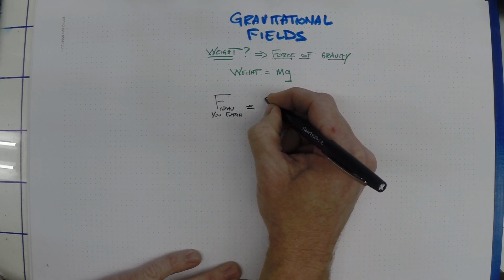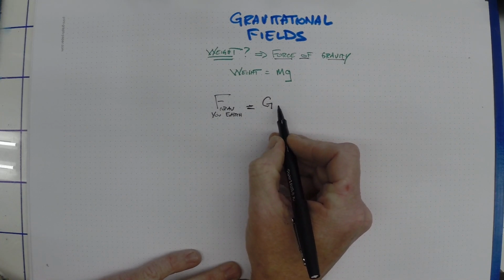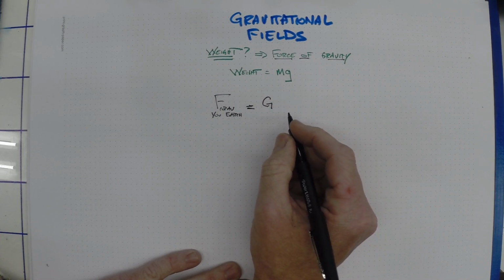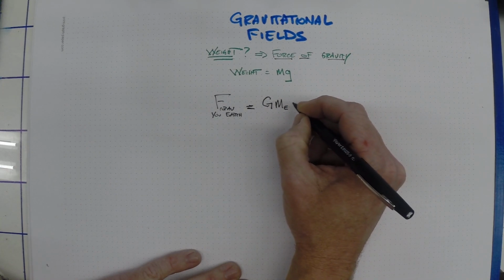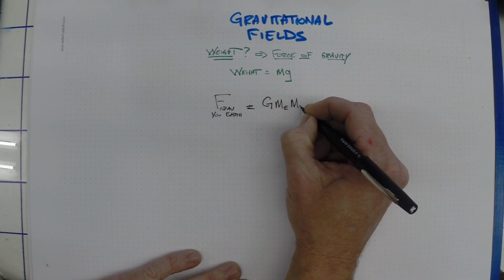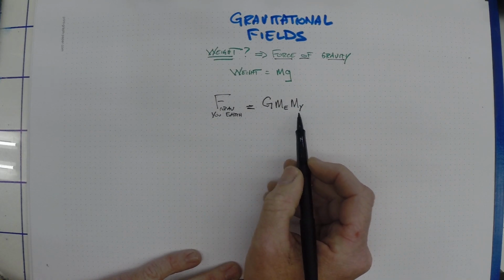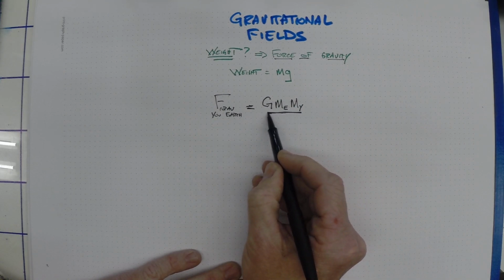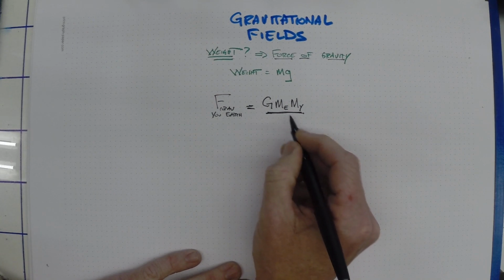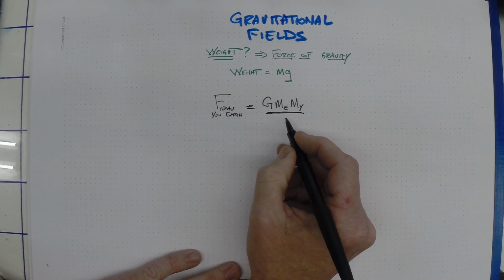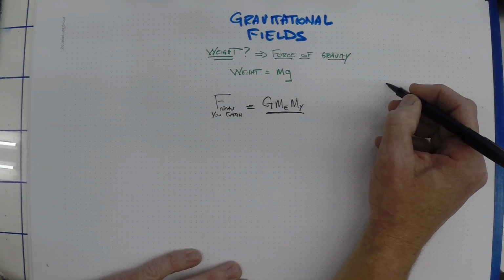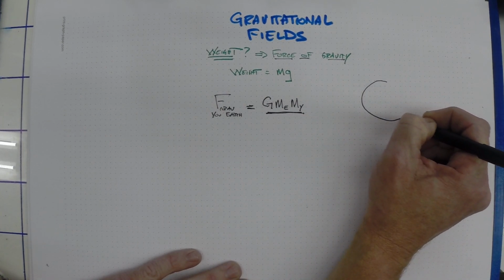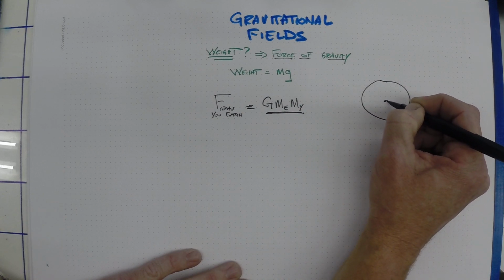So, for example, big G, and then what are the two objects involved? Well, the mass of the Earth, of course, and the mass of, we'll just use you as an example, your mass, divided by, I mentioned this in the previous video, what's the distance between you and the Earth? And before you say 0, keep in mind that in this formula, the distances are assumed to be to the centers of the objects.